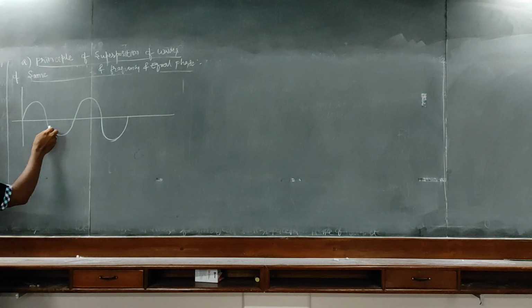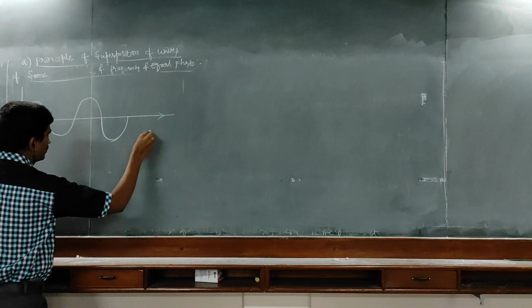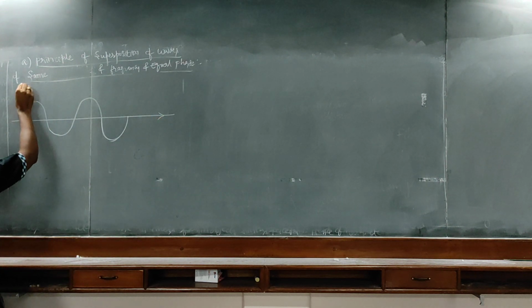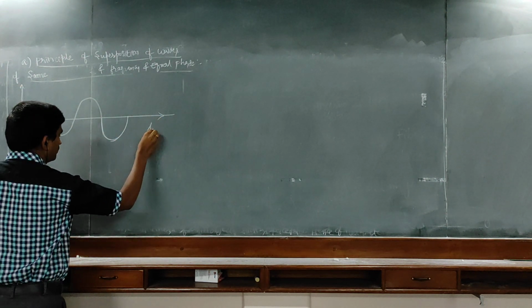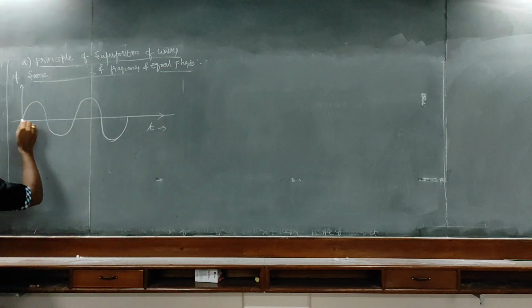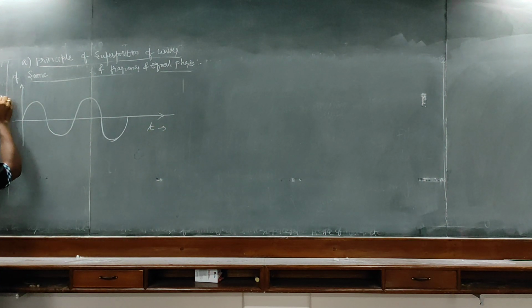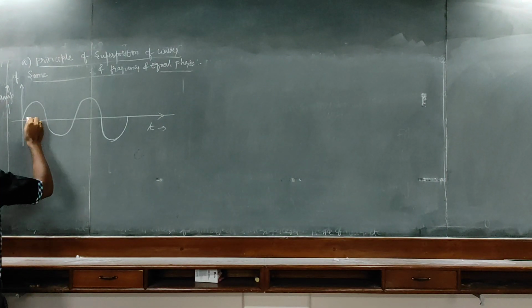So the amplitude of wave 1, this is the graph drawn between the time along the x-axis and amplitude along the y-axis. Then its amplitude is A1.